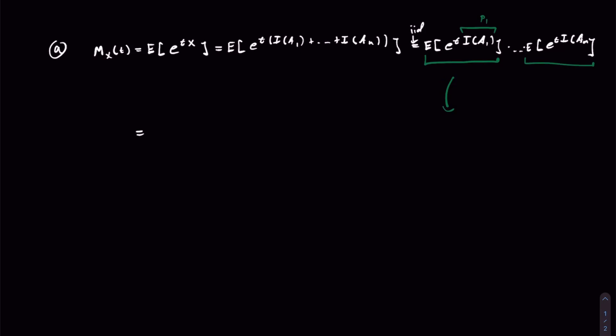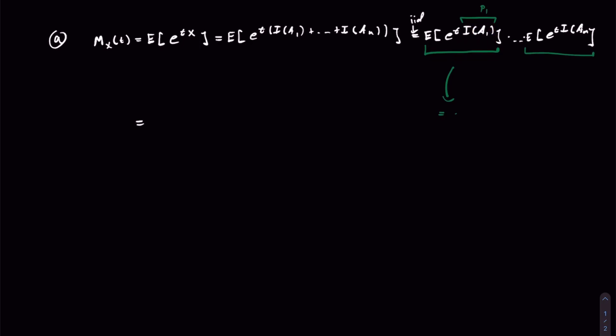So the expectation is basically writing out all these possible outcomes.